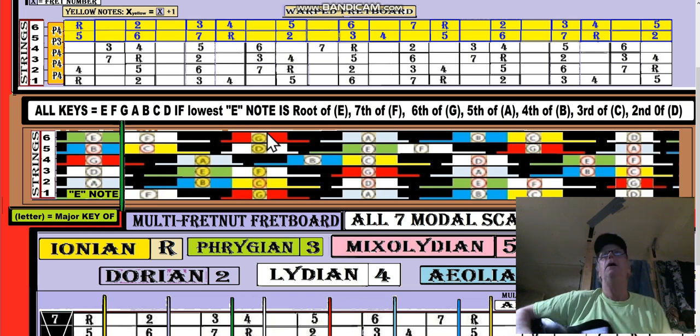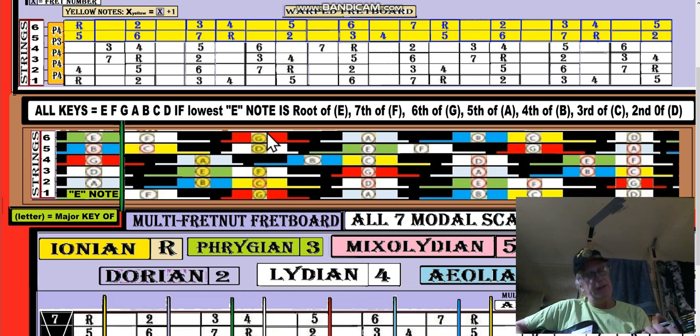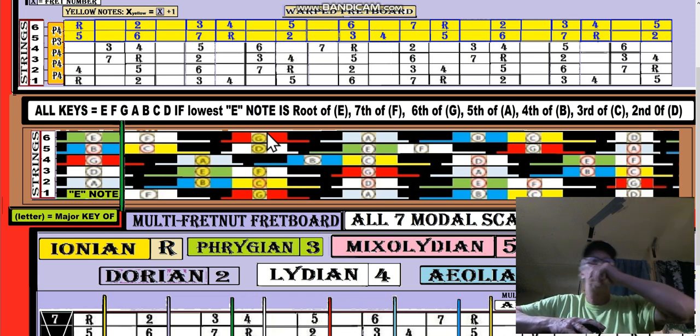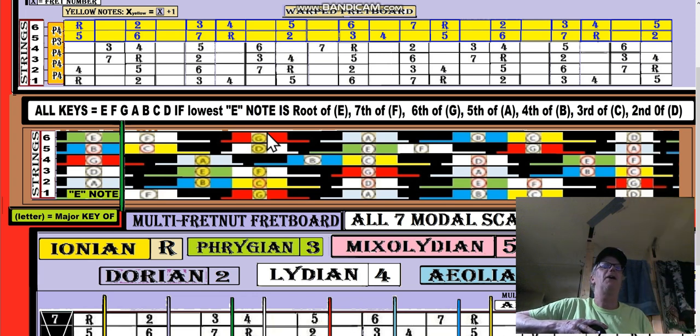Okay, so we got C. Okay, A. You know, Charleston, Charleston, something like that. Actually, that's not how Charleston goes.